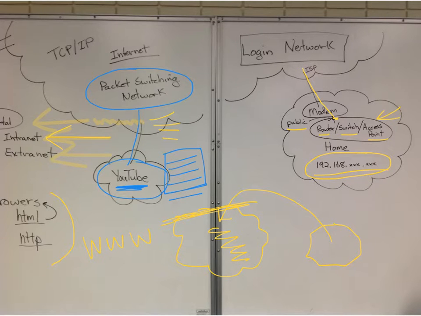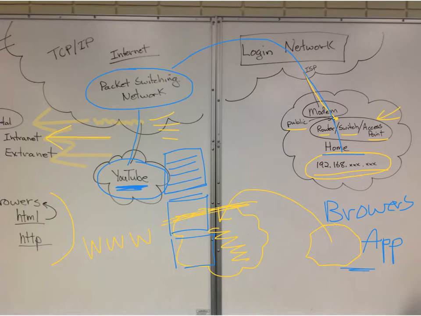It would take that packet, and then they would get another packet, and it would move those packets through the internet. And let's say you're watching the video at home, and those packets then would come into your house, into your browser, or some piece of software, some app that can read those packets and play the movie.